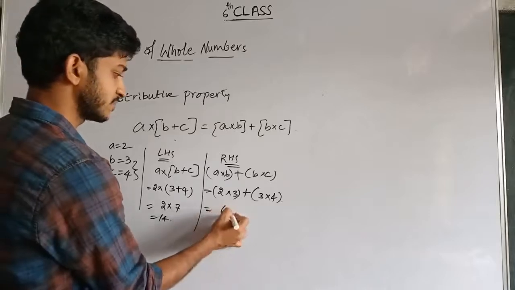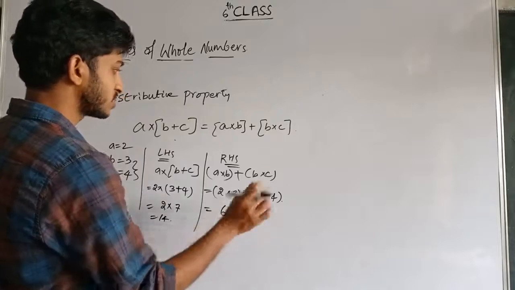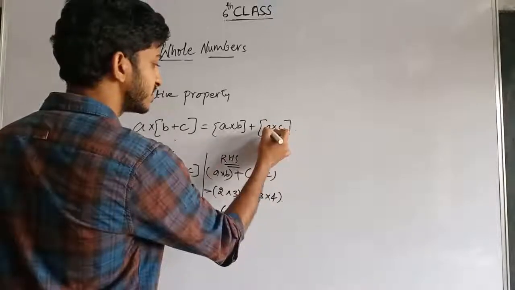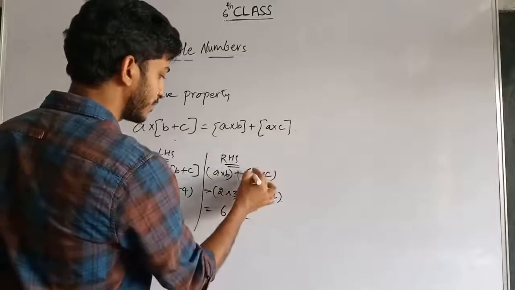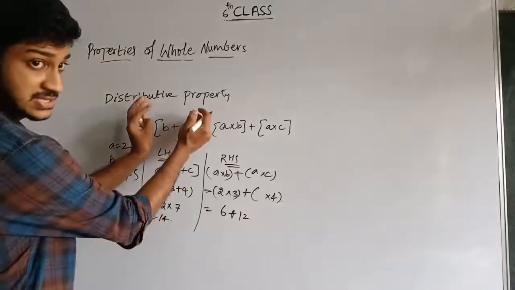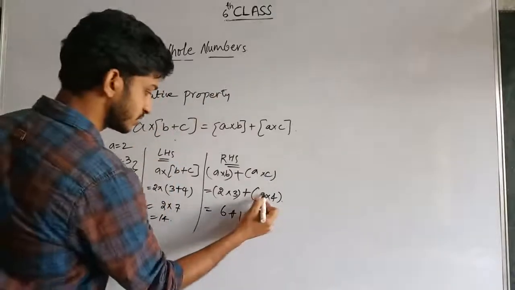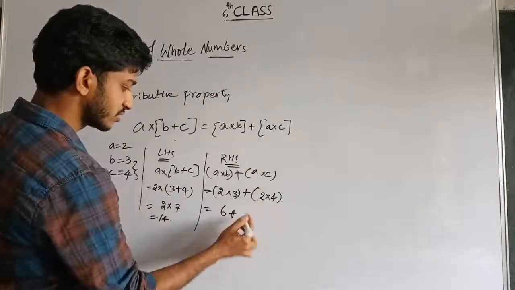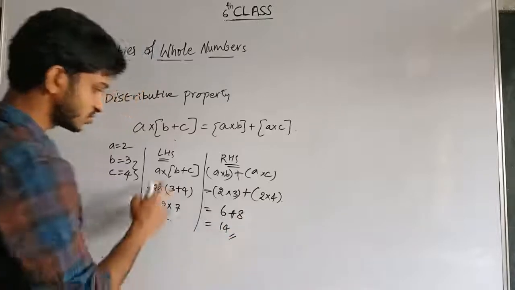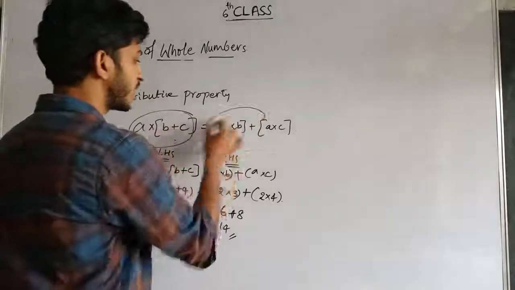Sorry, here A into (B plus C) means we have to multiply A with B and A with C. Sorry, I mistook this formula. A into (B plus C) means the whole B plus C is in bracket, that's why you have to take A into B plus A into C. Then 2 into 3 plus 2 into 4, that is 6 plus 8, equal to 14 we get. So here LHS equal to RHS, which means these two are equal.